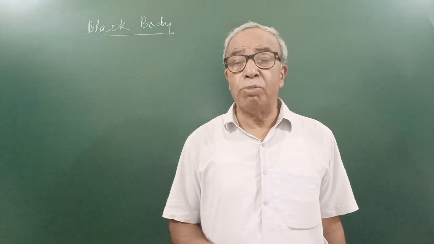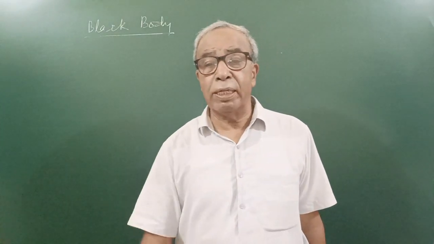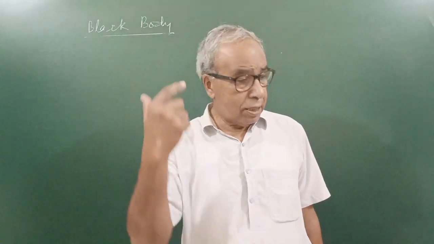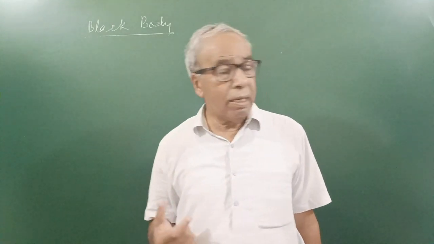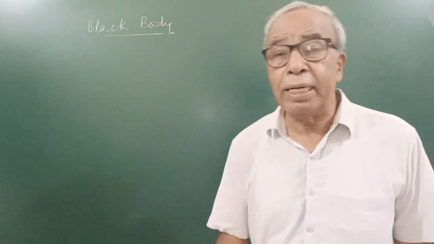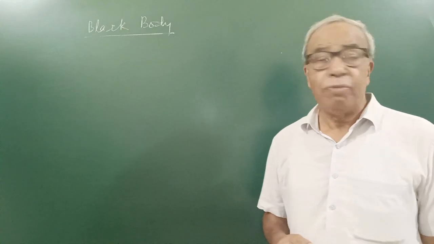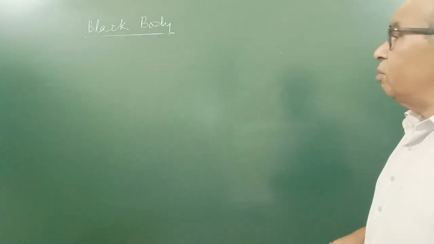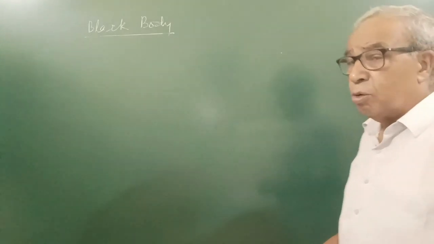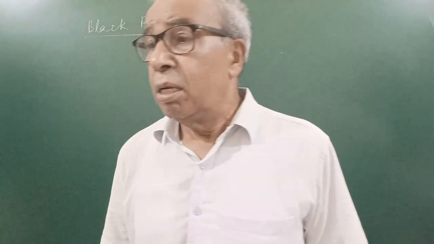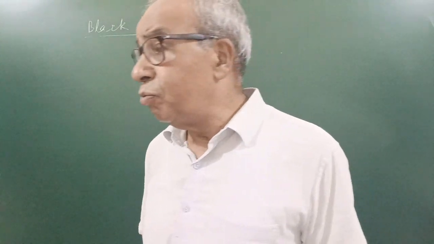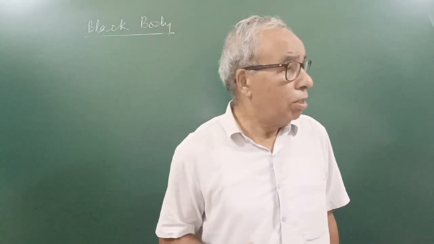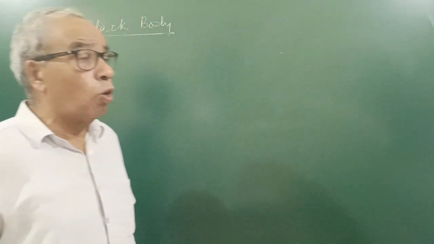We see an object when light falls on the object, the body reflects light, and this reflected light enters our eye and we see the object. Then what is a black body? The body which will not be visible to our eye. Why? Because it absorbs all colors.